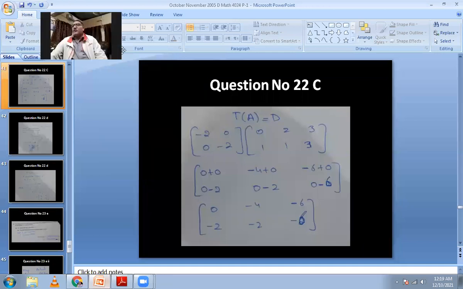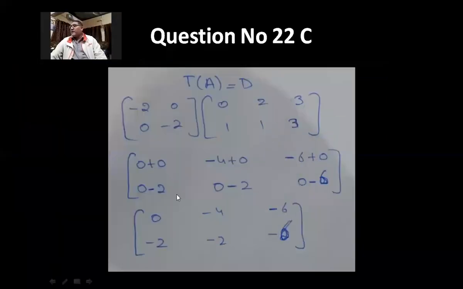So here you go. This is the transformation matrix, and these are the coordinates of the points of A. Above here are X and below here are Y. So this is the transformation matrix. Here is the object: 0, 1, 2, 1, 3, 3. So this is how you write the coordinates of the object.